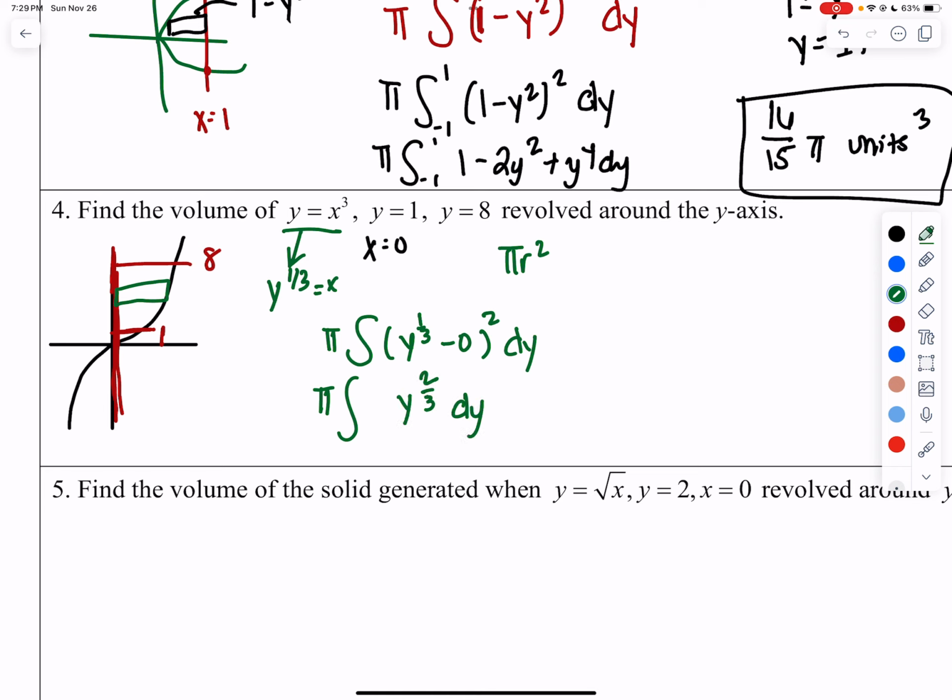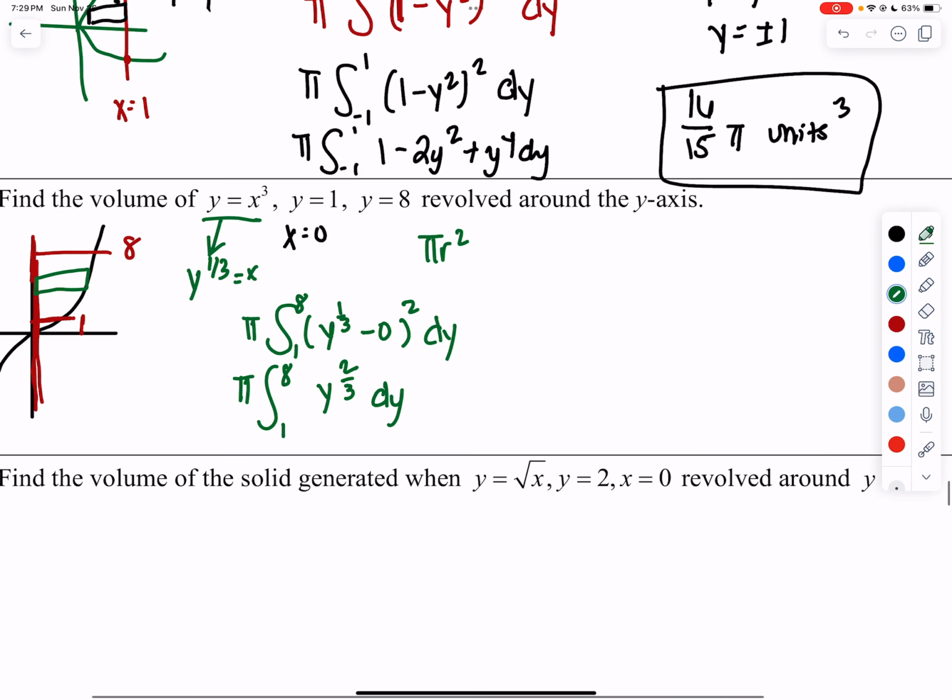But, of course, we need to find my bounds of integration. And since they already gave me that y is equal to 1 and y is equal to 8, I know that it's going to be from 1 to 8. Okay. Once you do that, you are just going to integrate this. So up your power, that's going to be 5/3.